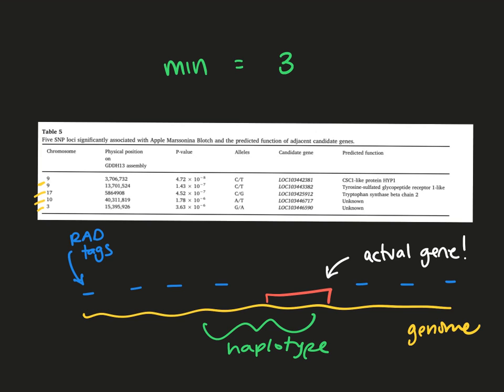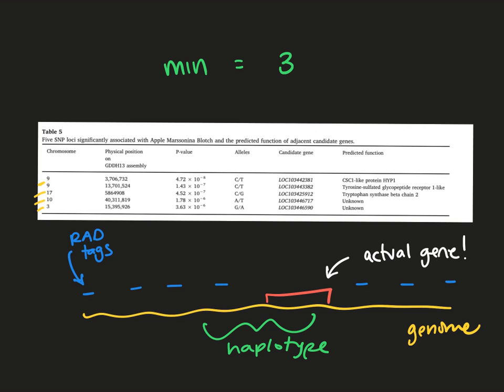I do wish they had included it in this table here, because sometimes if you have a large enough sample size, you'll see a really significant association. But then when you look at the strength of that association, that is that odds ratio score, it's teeny, teeny, tiny. So it's only actually explaining a tiny, tiny amount of the variance in whatever trait you're looking at.